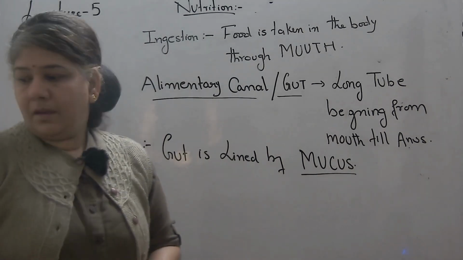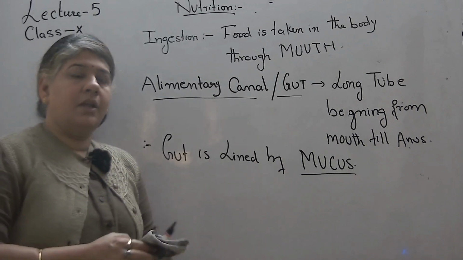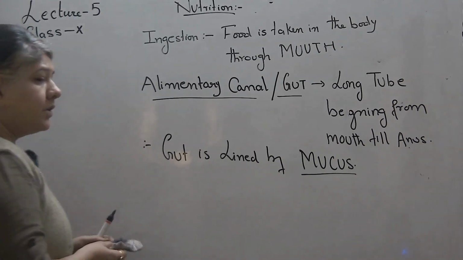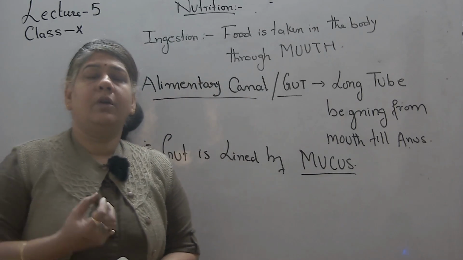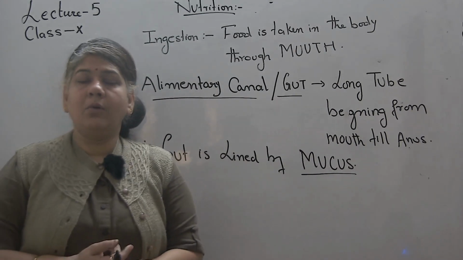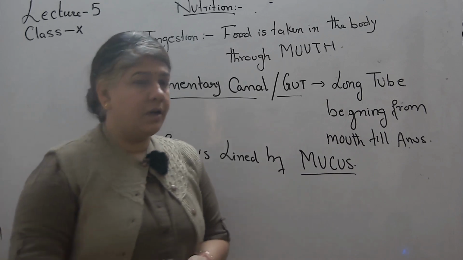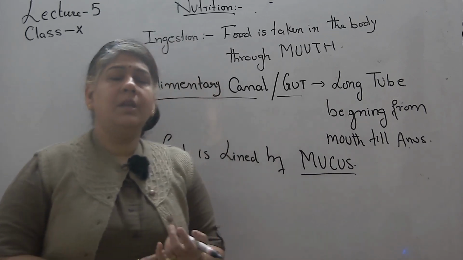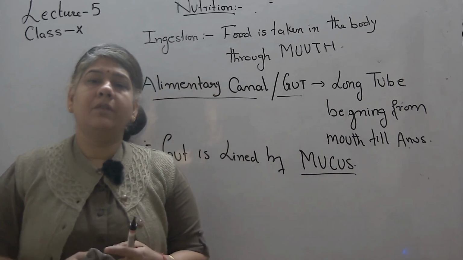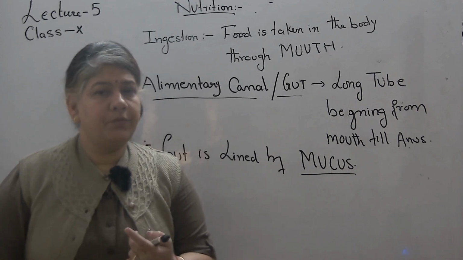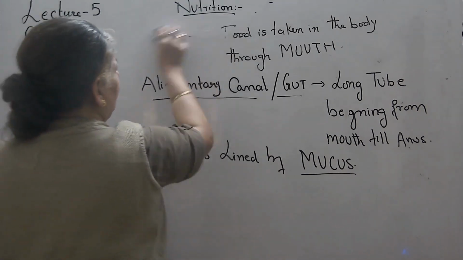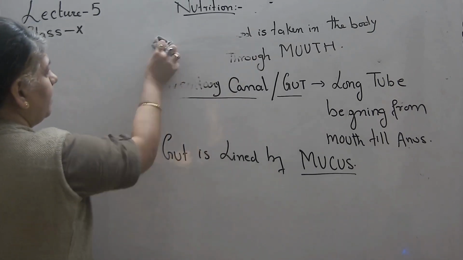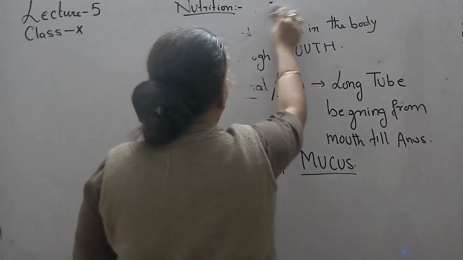Okay. So once the food is taken in the mouth, it is crushed with the help of teeth, and it is mixed with watery substance that is present in the mouth with the help of tongue. So tongue and teeth both help in mixing and crushing of food, and it is mixed with the fluid-like substance that is present in mouth, which is called saliva.